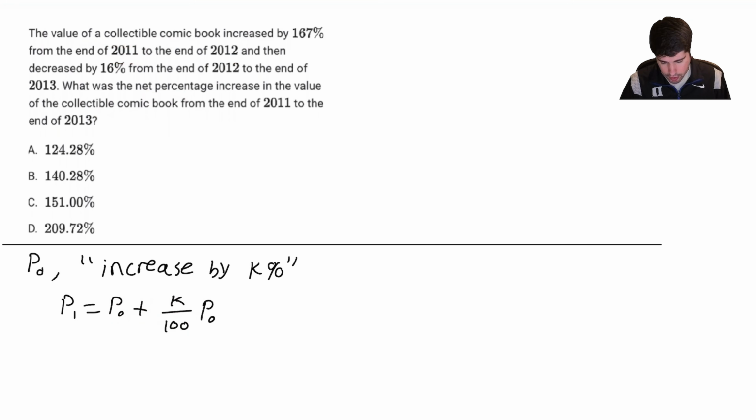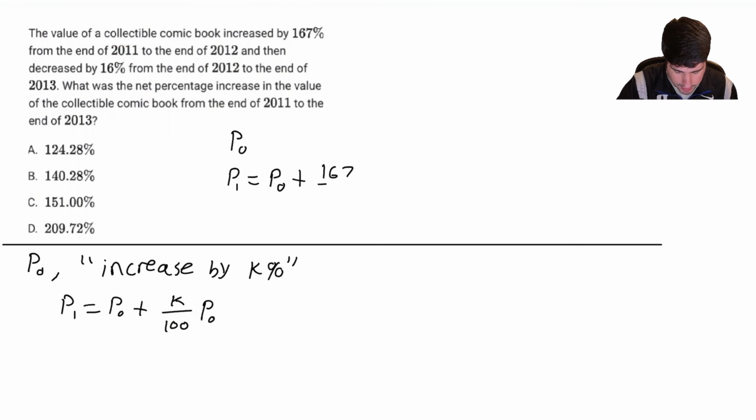So in our particular case, there was some initial price, P0, but now with this new price, P1, it's equal to the original price, P0, plus, well, there was an increase of 167%, right? So we're going to have 167 divided by 100 times P0. So of course, this is just equal to P0 plus 1.67 P0.